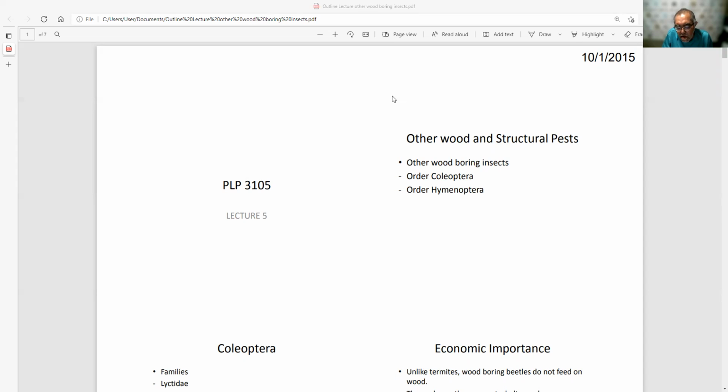Okay. And then just to recap, untuk ulang kaji, the word P-T-E-R-A, tera. Okay, that's how you pronounce it, tera. That means wings. Okay, jadi Coleoptera, Hymenoptera, Lepidoptera refers to the different types of wings that they use to classify different insect orders.